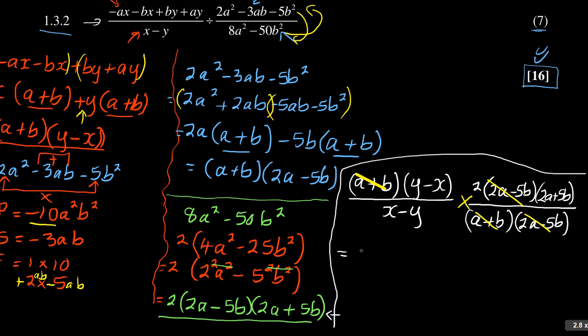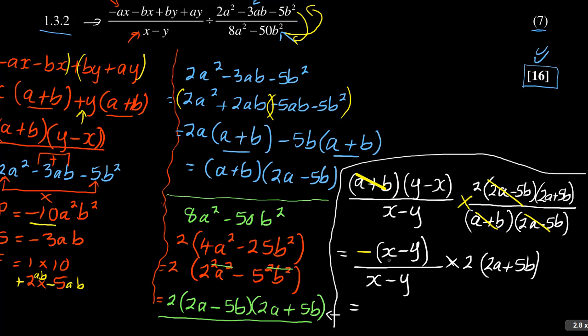The first is to take out a negative in the top one. When I take out a negative, the signs will interchange. The y will become negative and the x will become positive. So I'll have x minus y all over x minus y times, you saw what remained here was a 2 into 2a plus 5b after everything cancelled.